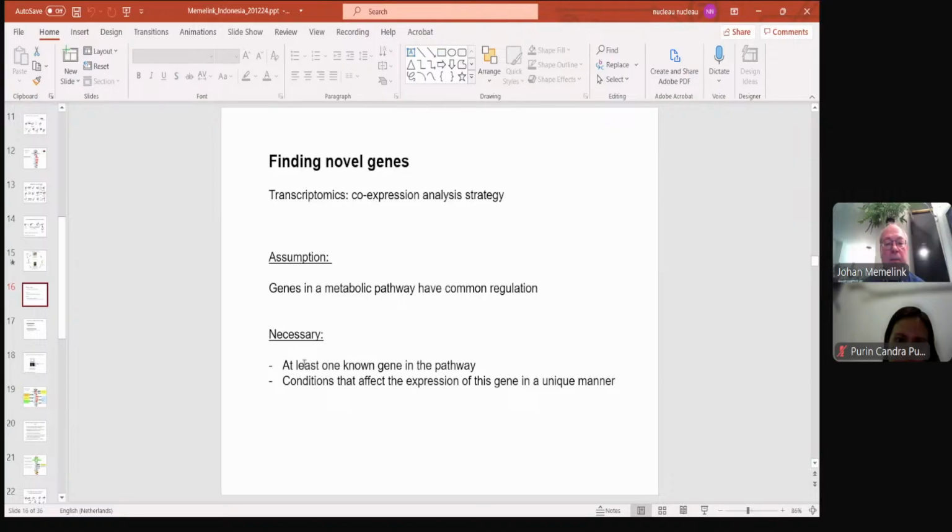So what you need for this strategy is to have at least one gene in the pathway, so that you can look at the expression of this known gene, and then you can search for unknown genes that have the same type of expression pattern. And then the combination of the expression pattern and the fact that the unknown gene encodes the enzyme that you're looking for makes it a good candidate for an enzyme in this pathway.